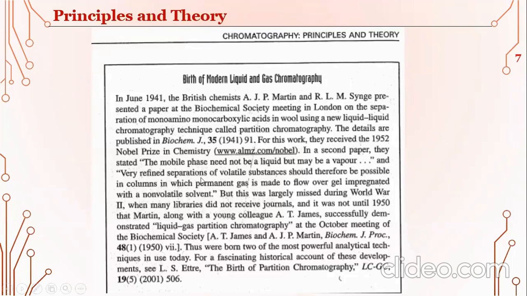And very refined separation of volatile substances could therefore be possible in columns in which a permanent gas is made to flow over gel impregnated with a non-volatile solvent. So the gas is the volatile part, and it flows over the non-volatile solvent, and with that it can be sorted out.